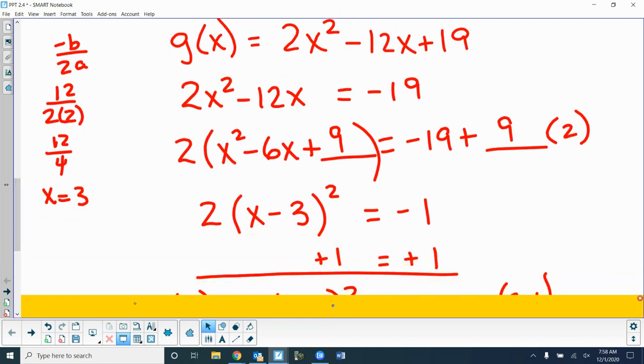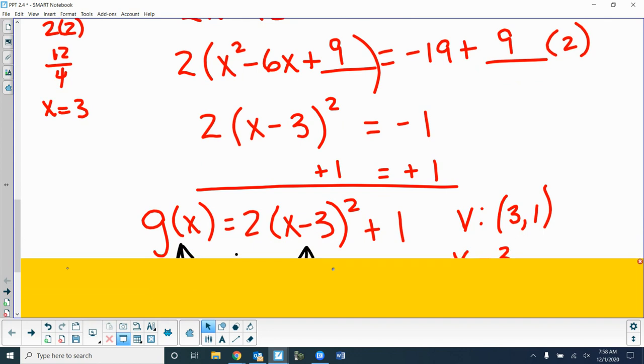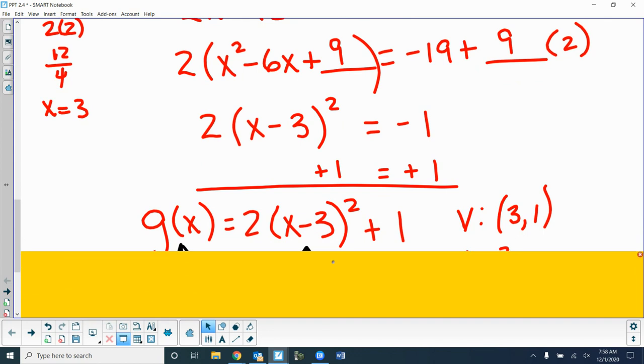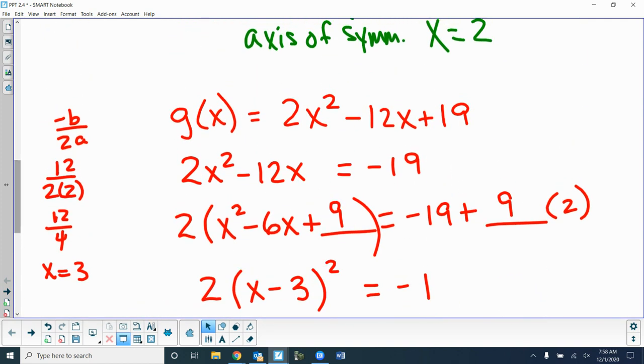And then if I add the 1 back over here, I have it in that vertex form, which again makes my vertex 3, 1. If we were to substitute 3 all the way back here, 3 squared is 9 times 2 is 18.